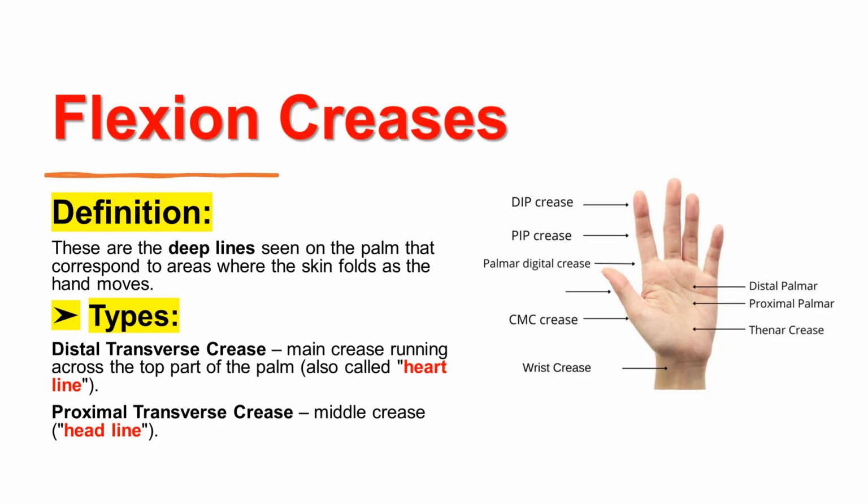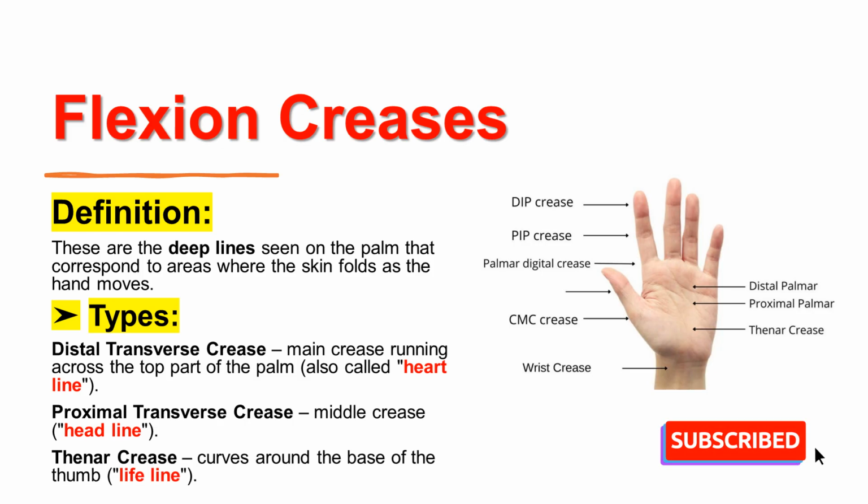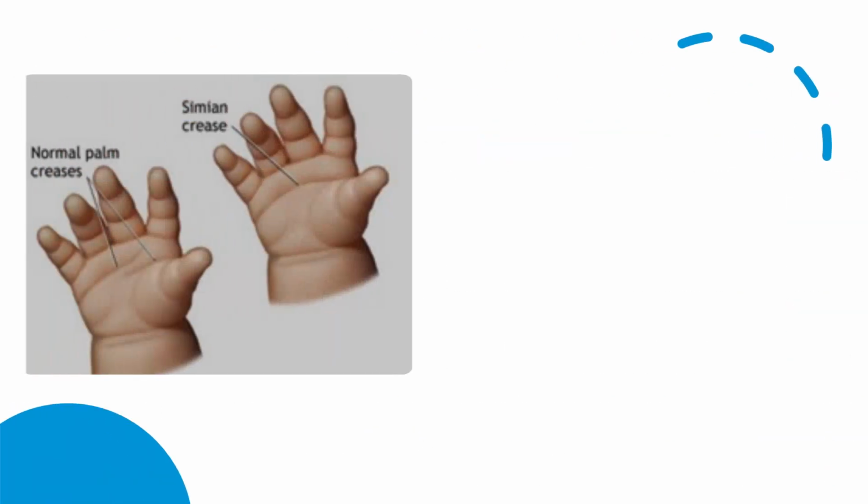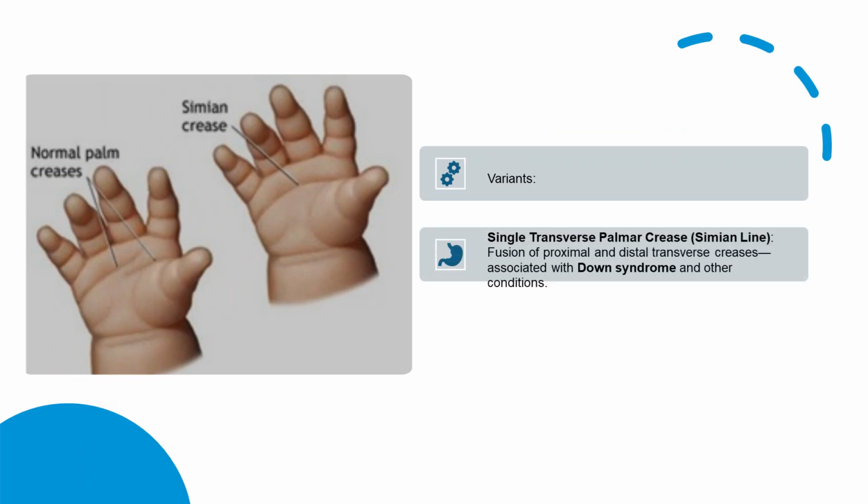Proximal transverse crease, middle crease, head line. Thenar crease, curves around the base of the thumb, life line. Variants: single transverse palmar crease, simian line, fusion of proximal and distal transverse creases, associated with Down syndrome and other conditions.